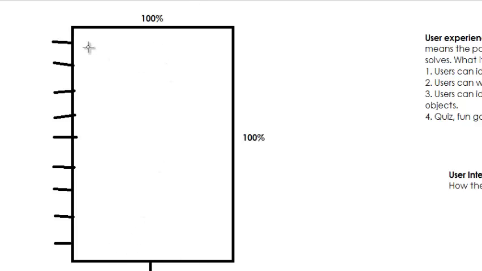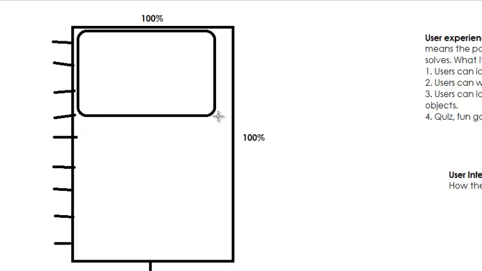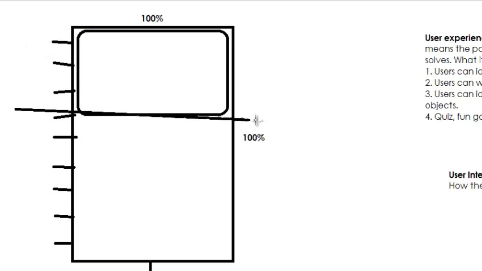So I want the first part of the app to be, say, about 40. So if you check, from here to here, this is 1, 2, 3, 4. So this is 40% by 100%.